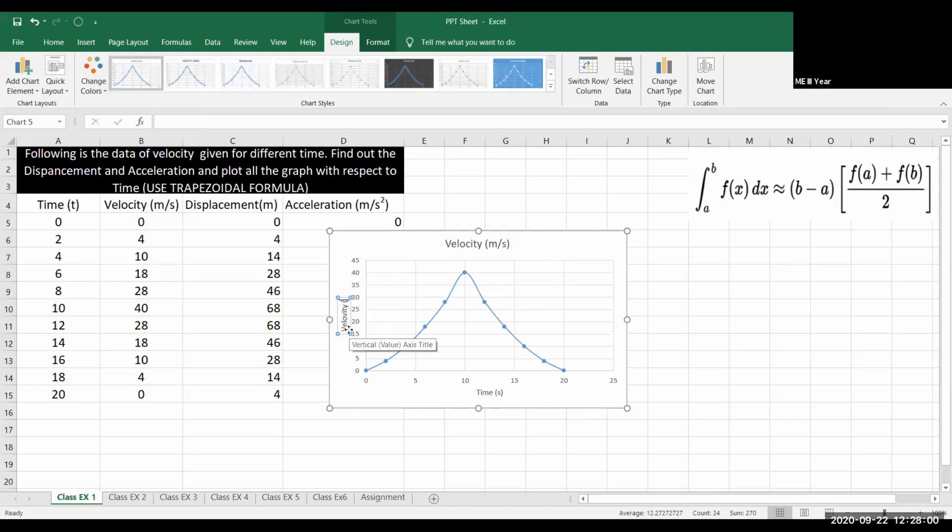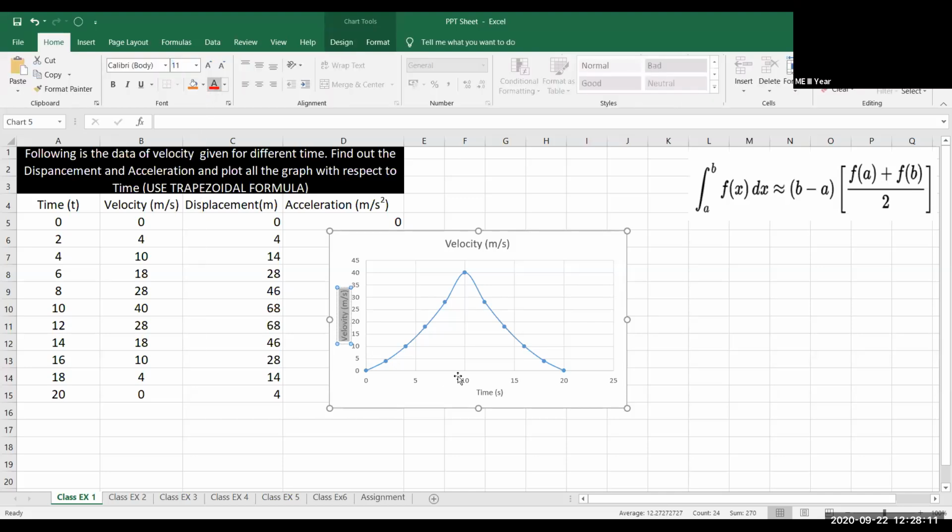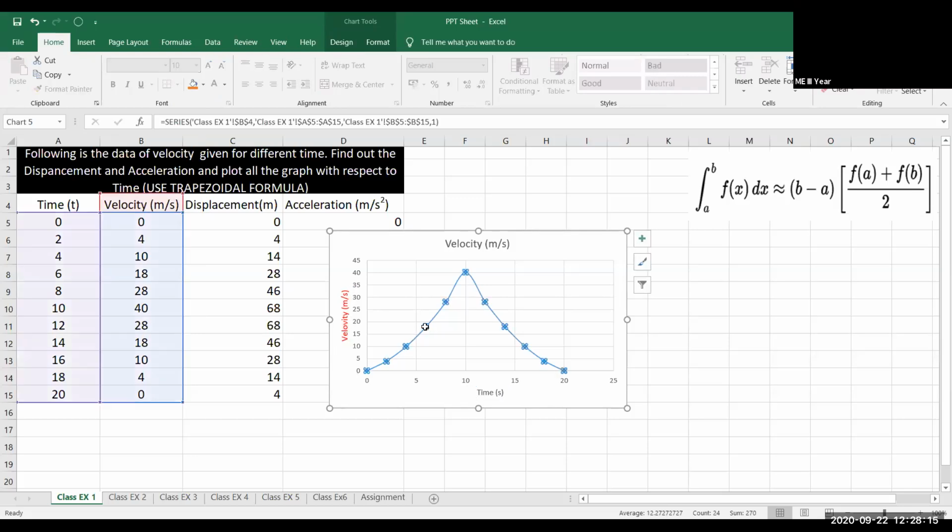If it is not visible, you can increase the text size. You can change the color, anything you can do. Similarly you can change the line color, line thickness, marker type, marker size. You can change the grid lines also. Here both grid lines are there. You can remove the grid lines also.